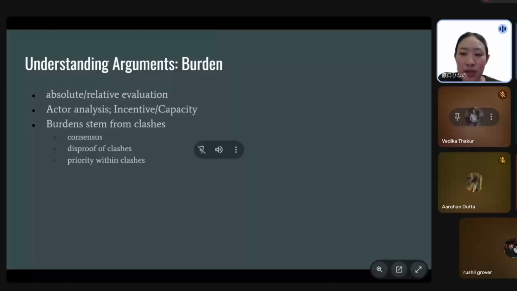But I think it is important to first recognize that there are incentive and capacity when we discuss actors. So, for example, let's take the same example of communal rearing. When both teams try to argue this is going to be a better environment for the children, the incentive can be, for example, that parents can hide the problem, but that will change because there is scrutiny and risk when it is revealed.